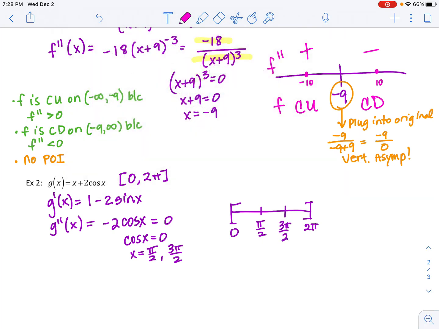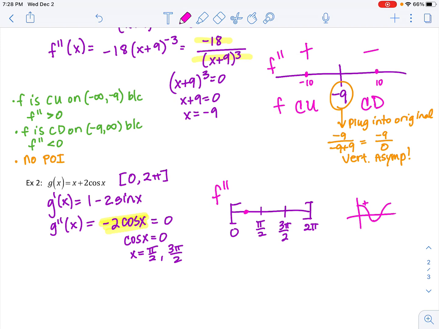And then when I test my second derivative, I'm testing it in this function right here. You can plug in anything in here. We know cosine between 0 and pi halves. When I do this, I just picture the cosine function itself on the 0 to 2 pi interval.